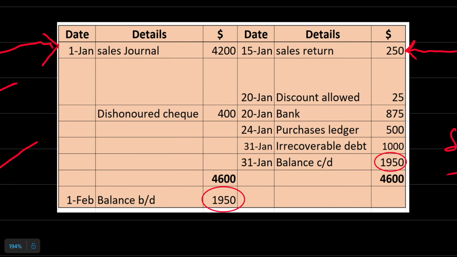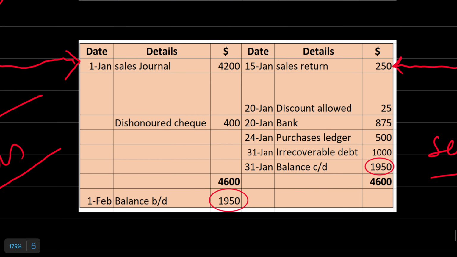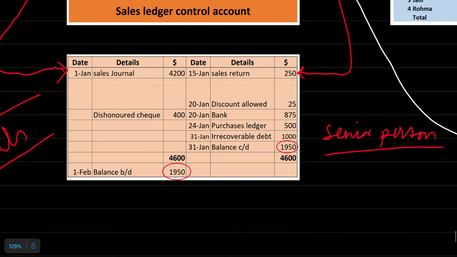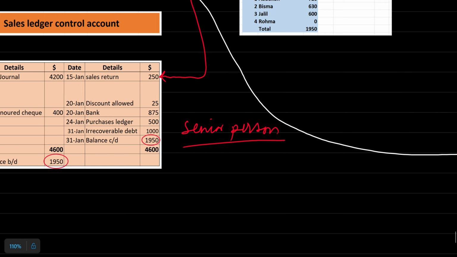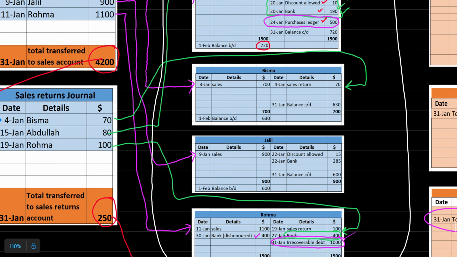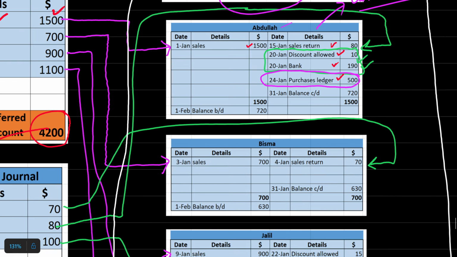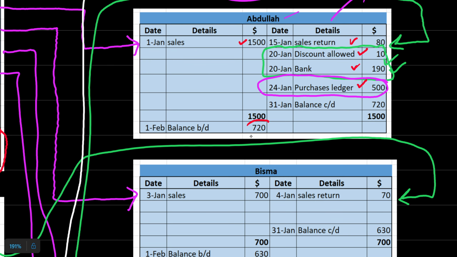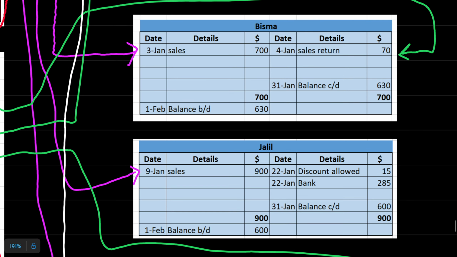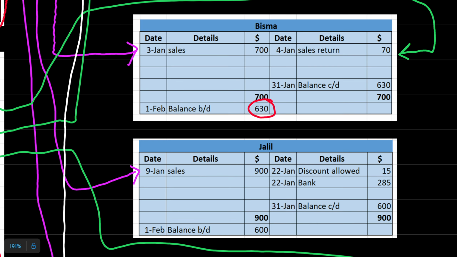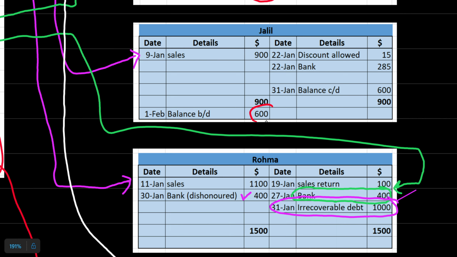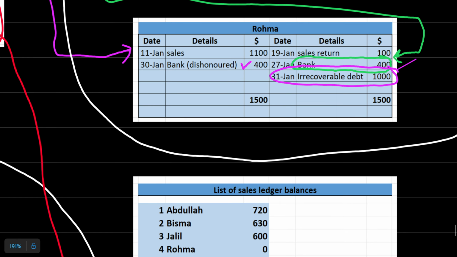Now students, let us learn how we can prevent fraud by preparing a sales ledger control account and how errors can be found quickly. Students, in the sales ledger there are 4 T accounts of customers. Abdullah's closing balance is 720, Bisma's closing balance is 630, Jalil's closing balance is 600.